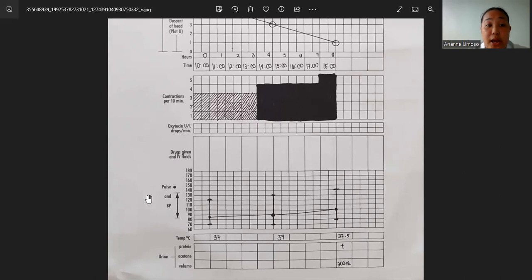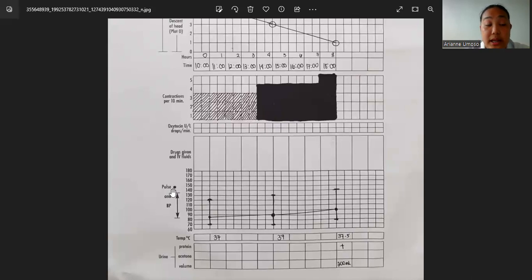Pulse rate is recorded every 30 minutes and marked as a dot. Blood pressure is recorded every 4 hours and marked as an arrow. Temperature is recorded every 2 hours. Lastly is the urine analysis. The protein, acetone, and volume are recorded when urine is passed.